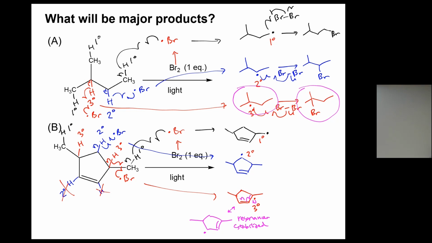The first things we learned about resonance stabilization, inductive effects, stabilizing of the anion, whatever, the same concepts apply all the way through the end of organic chemistry. The things that we learn you just cannot forget. You just have to constantly apply them, even though those things are not mentioned. So this tertiary radical is not only tertiary, which is already good, but the double bond next to it is stabilizing it through a resonance structure, so you get an extra stable tertiary radical.